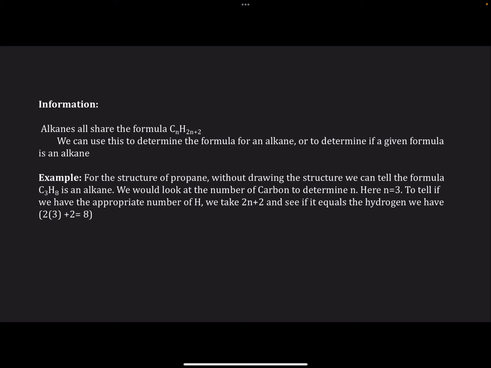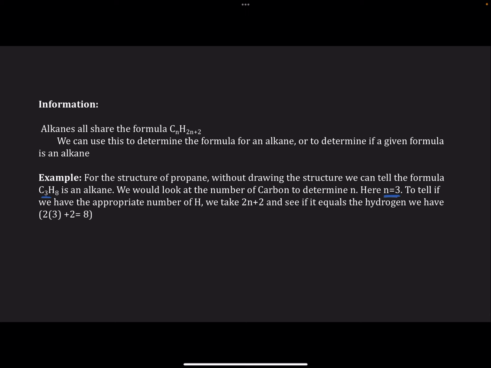Now, alkanes all share the formula CnH2n+2. We can use this formula to determine if something is an alkane, or we can use it to determine the formula for an alkane. If we look at an example for the structure of propane, without even drawing that structure, we can tell the formula C3H8 is an alkane. We look at the number of carbons to determine n. We have 3 carbons, so our n value will be 3.